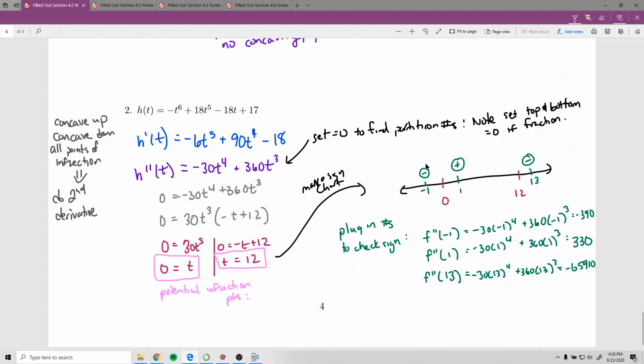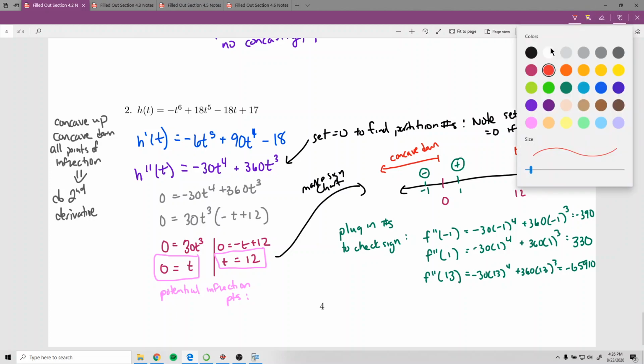All right, so where we have negative signs, that's where it's concave down: to the left of 0 and to the right of 12. And it happens to be concave up in the middle.